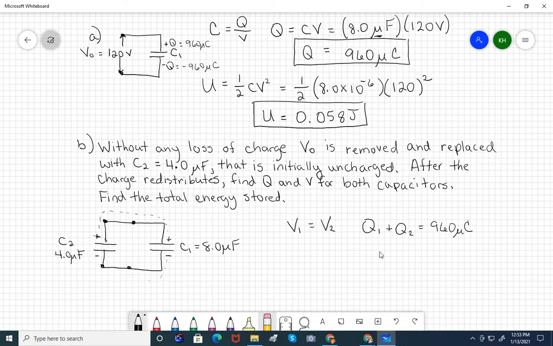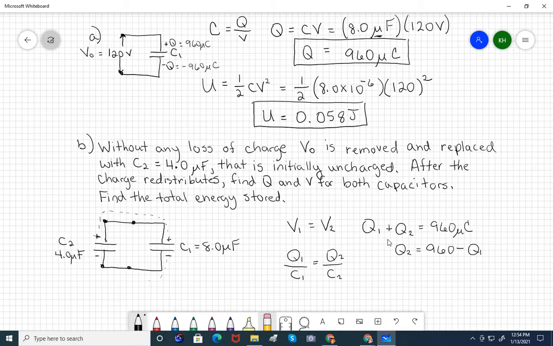If we use this fact that V1 is equal to V2, the voltage can be found using Q over C. So Q1 over C1, that would be the voltage on C1 right here, has to equal Q2 over C2. If I solve this equation, I get that Q2 is 960 minus Q1.